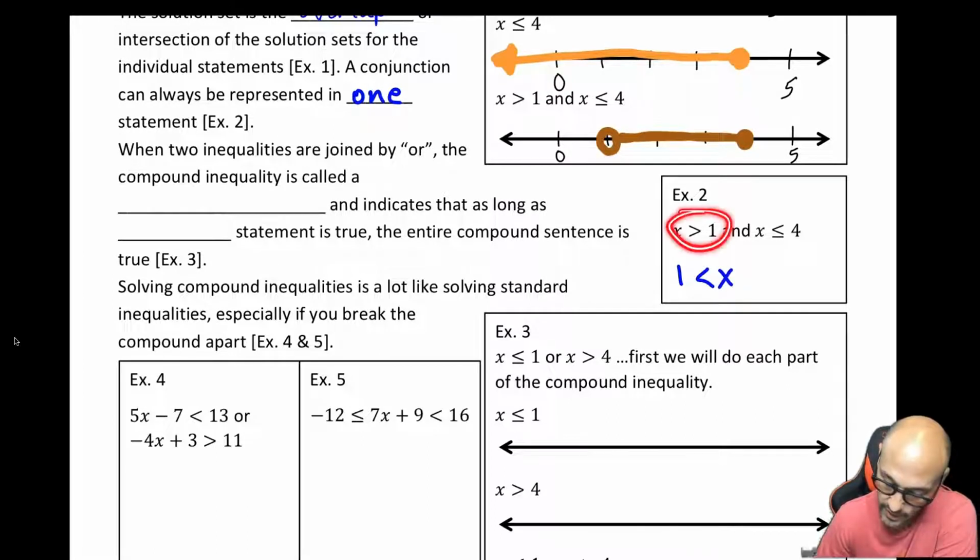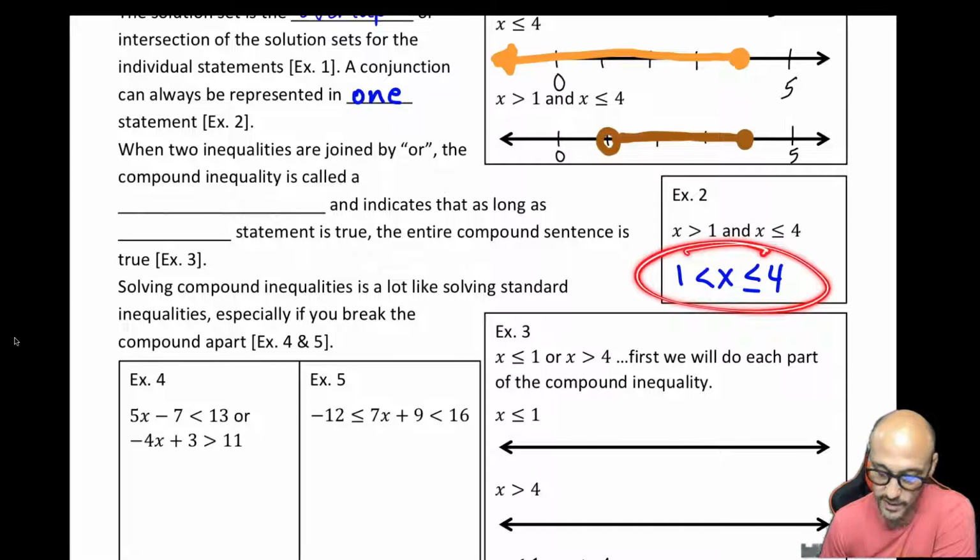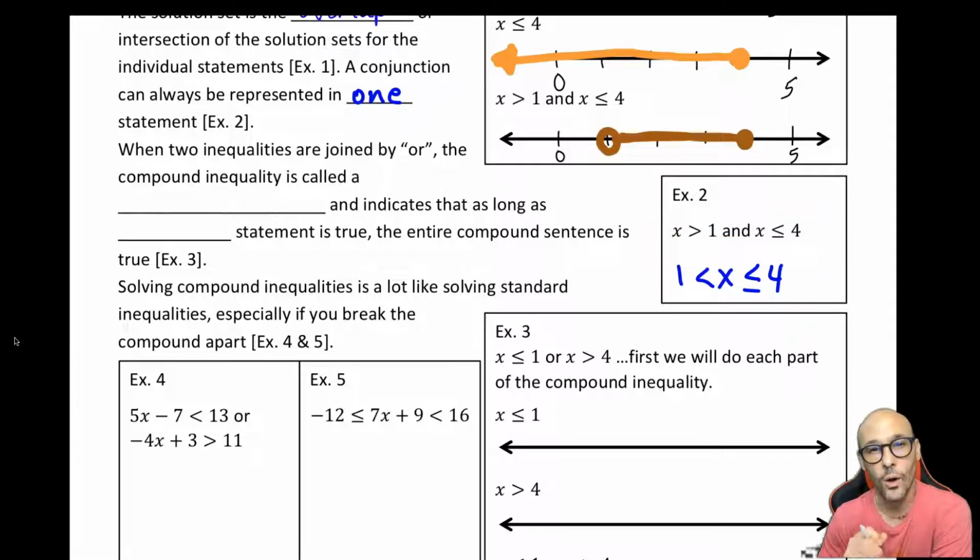These two things mean the same thing, but then it allows us to add this part on right there, because then x is less than or equal to 4. So this is like one single statement that says the same thing as that. And that will always work for a conjunction.